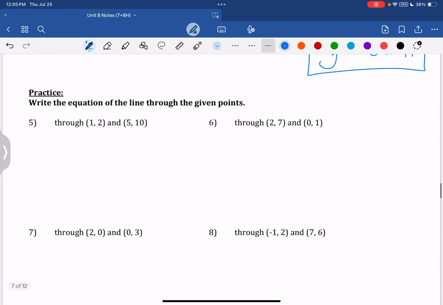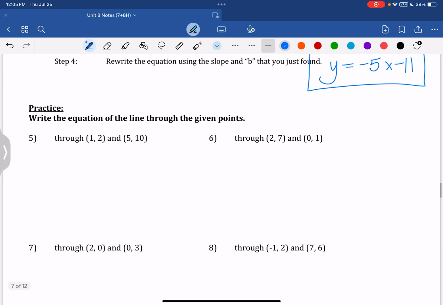Okay, here we go. Start by finding your slope. So 10 minus 2 over 5 minus 1, 8 over 4 is 2. Then I'm just going to do this as my x and my y. So 2 = 2 times 1 + b. 2 = 2 + b.